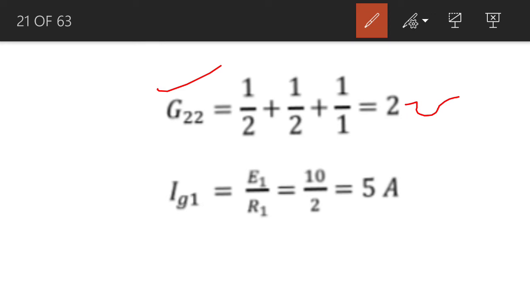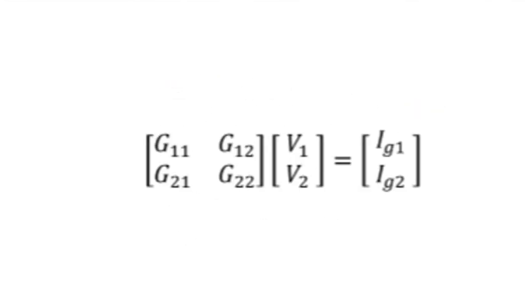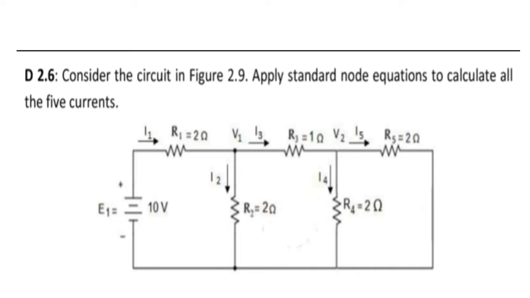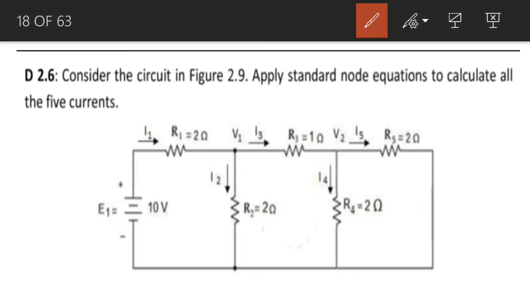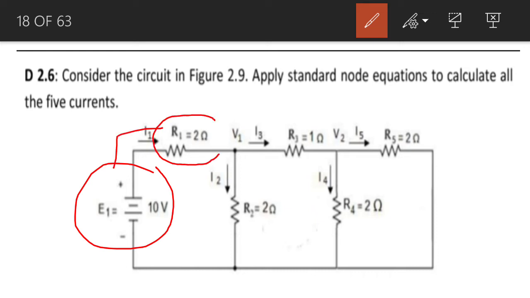So we calculate Ig1. For Ig1, we consider the source which has been connected to the first node. You see, this voltage source has been connected to the first node with the help of this series resistor.